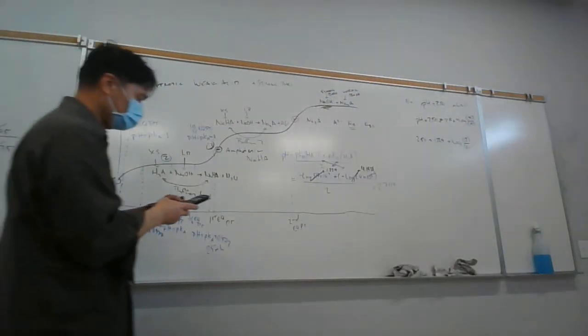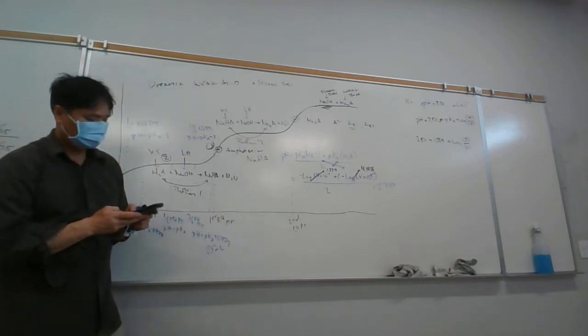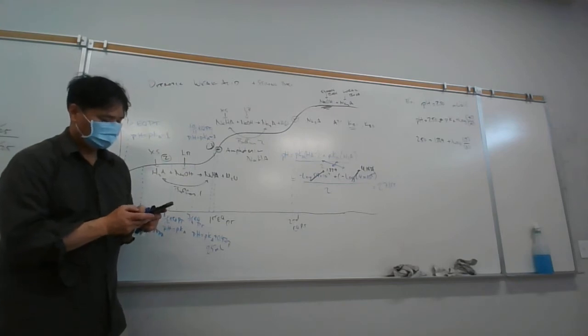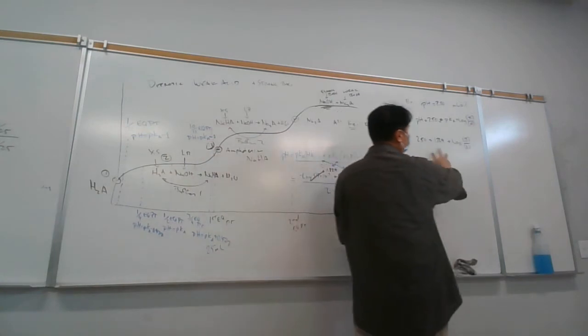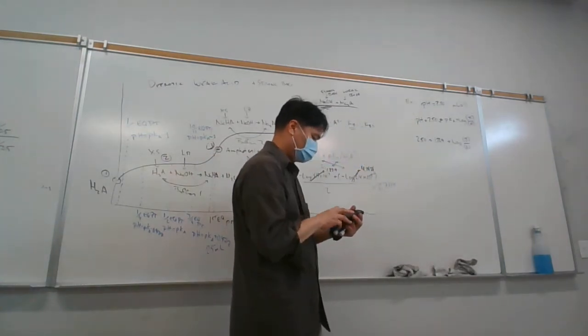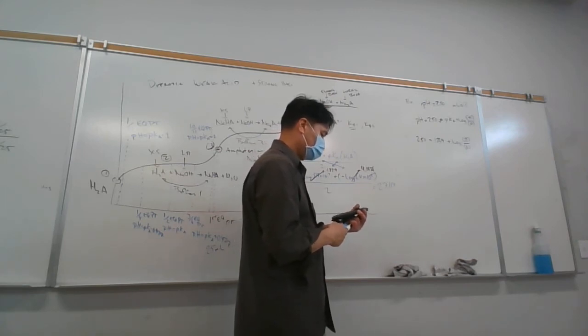And so I'm going to get 2.50 minus 1.229 equals, okay, and then I'm going to take the anti-log of that answer.